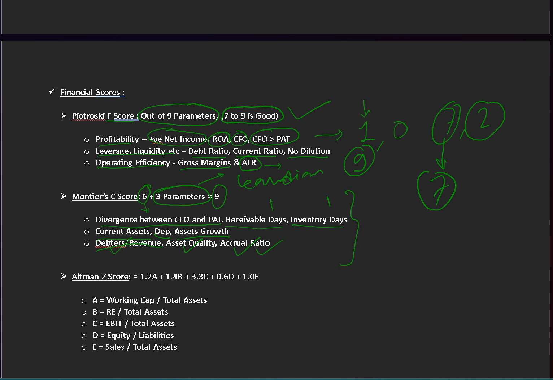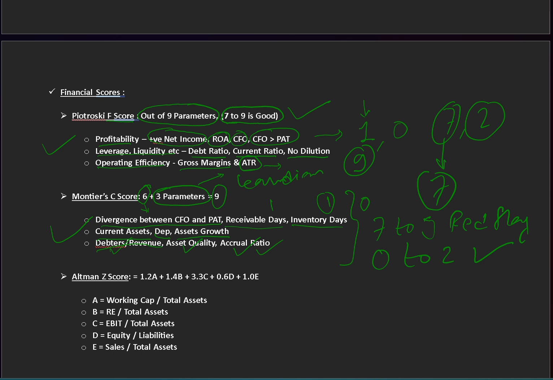All bad parameters will be given 1 and good parameters will reflect 0. So if the score is 7 to 9, that means it's a red flag. So 0 to 2 is best. Okay, in this, you just remember this. It is a reverse compared to the Piotroski F score.